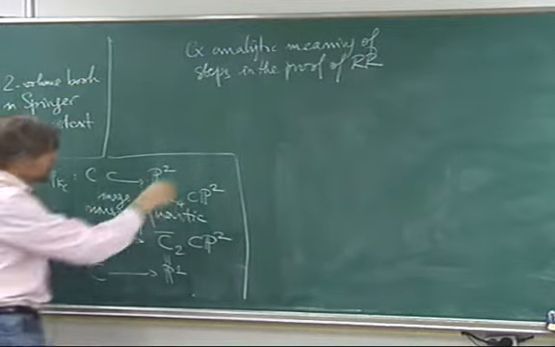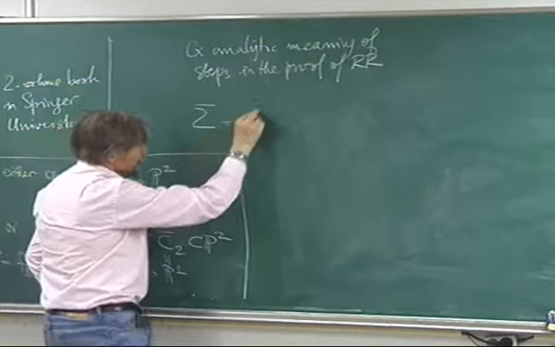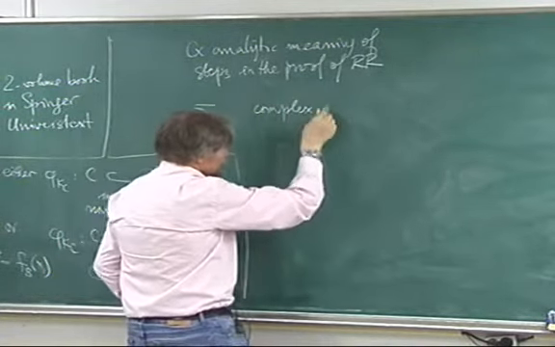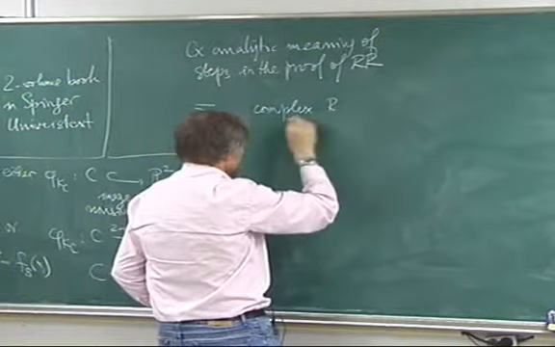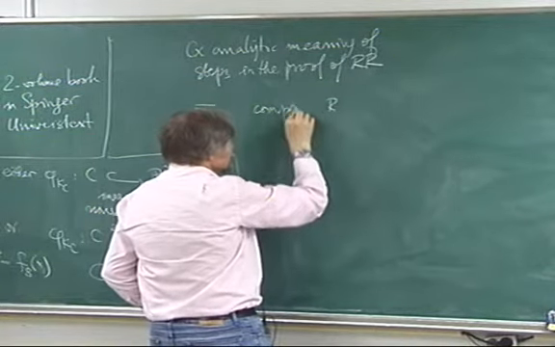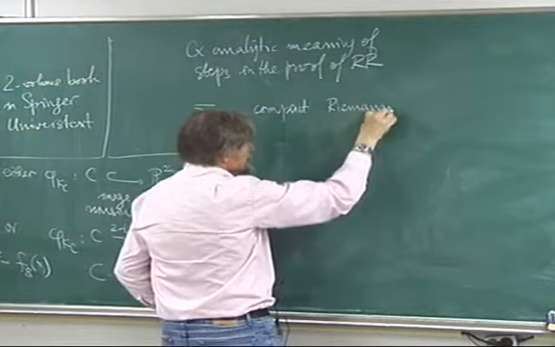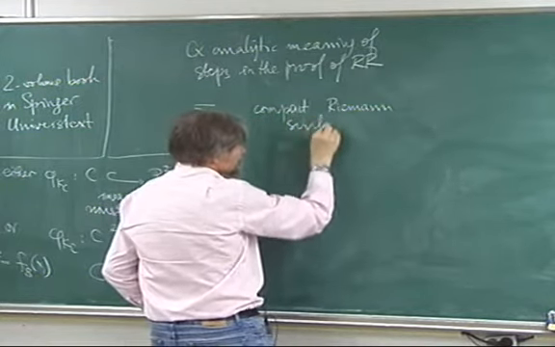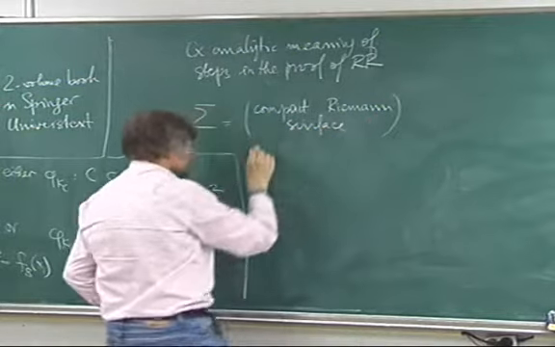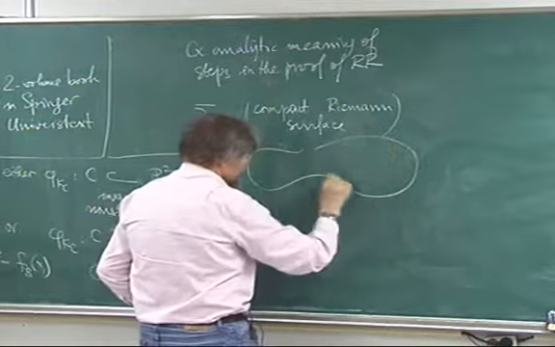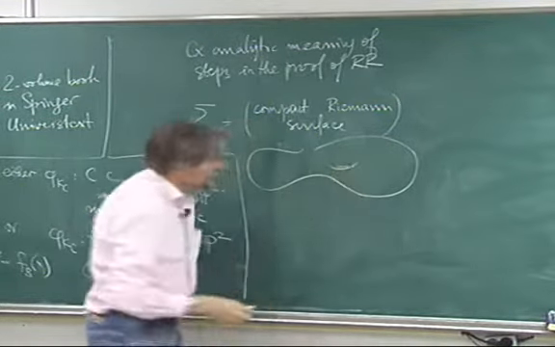So let me go back to this picture, sigma, a compact complex Riemann surface. Right, so it's this picture which I drew. Let me draw a bit of it a bit bigger, so it looks something like this.